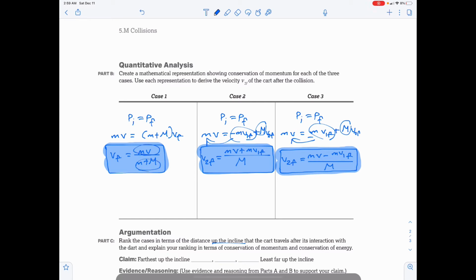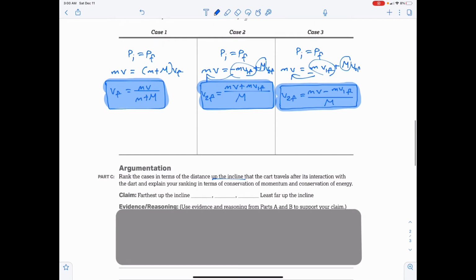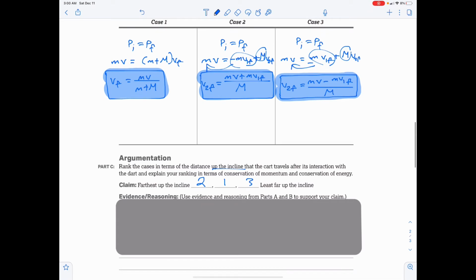You are adding less, but what makes case 3 the lowest is the fact that by subtracting in the numerator, you have a smaller numerator. Even though you have a smaller denominator, you have a much smaller numerator because you're subtracting from the momentum of the dart instead of adding to it. So here it's the momentum of the dart plus the sum of the masses. Here it's the momentum of the dart minus the final momentum of the dart, right? So you're subtracting from it, making it smaller. So I would say the ranking would be case 2, then case 1, then case 3.